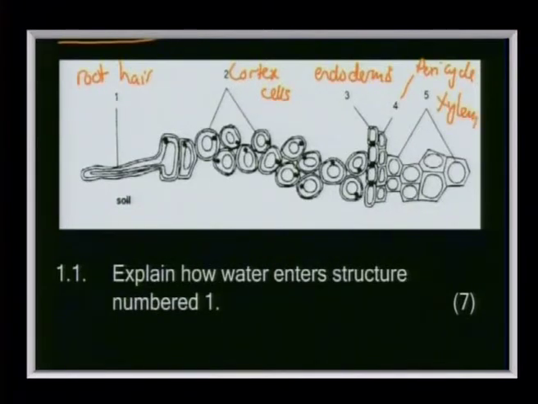And just so we remember, these black strips that we have around the epidermal cells are the Casparian strips. Now, explain how water enters structure numbered 1. So we're going to have to explain that whole process. So we say, firstly, let's get a different color. First, we're going to have the soil particles and the capillary water.